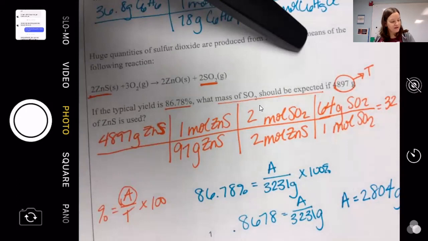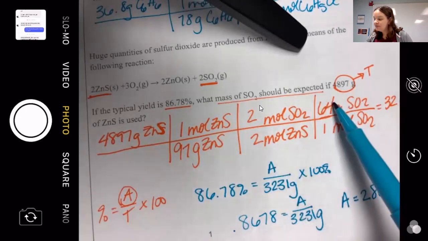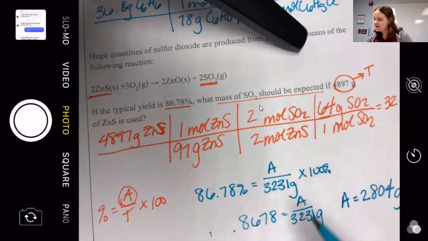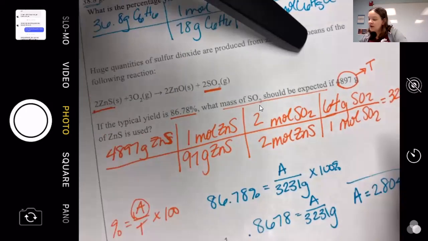So the book gives a slightly different answer, 2,794, but that's going to be a rounding error based on the molar masses, and so that would have changed the theoretical yield just a little bit. And then this is a rounded number as well, and they don't round to the end. So 2,804 grams is totally acceptable. Okay, so there's that answer.